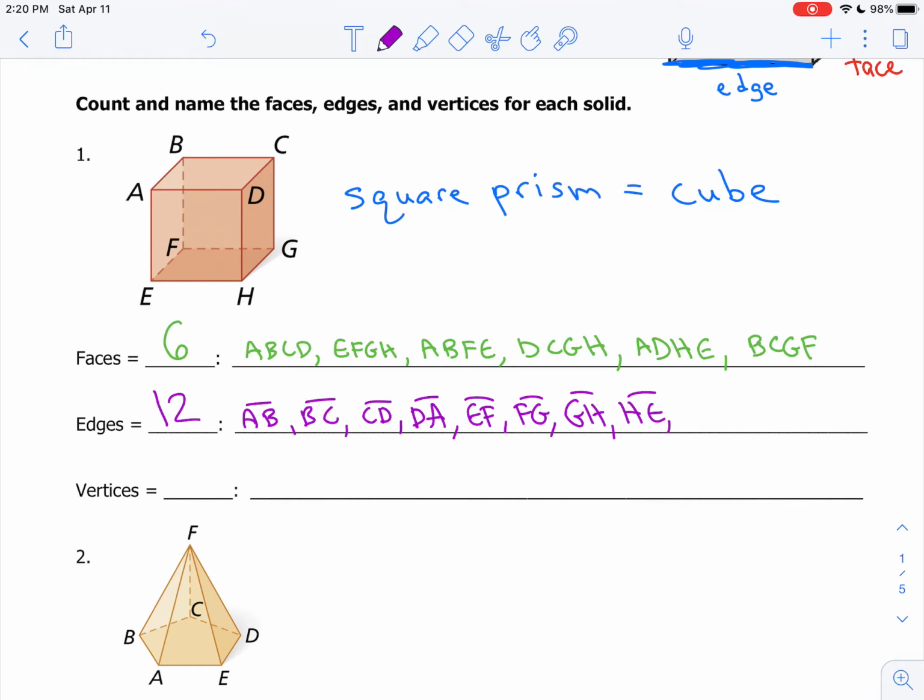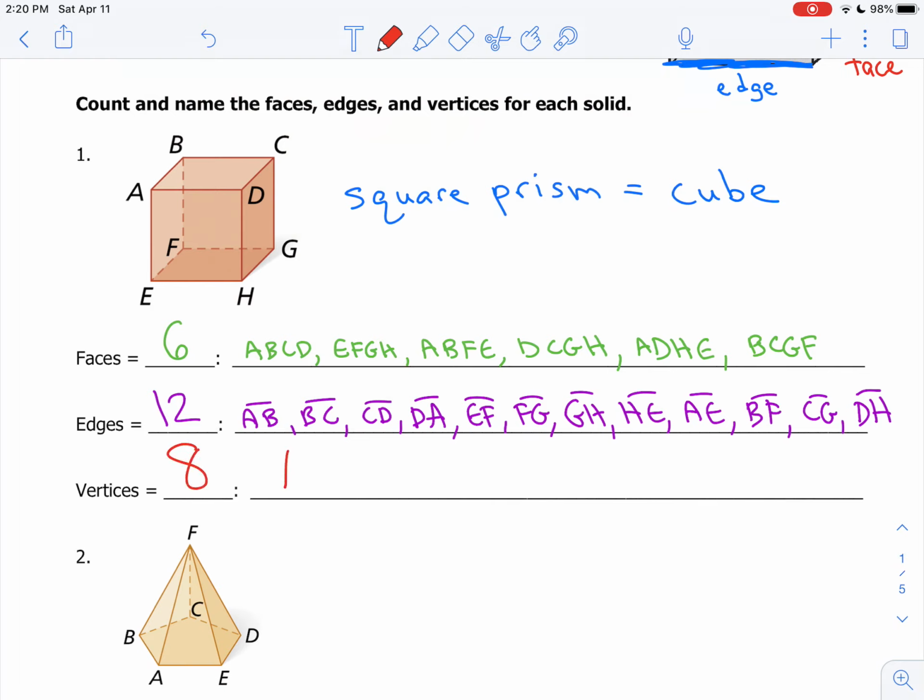Let's go to the sides. We got the top, we got the bottom, so now we have AE, we have BF, CG is going down, and DH. Whew. All right, the vertices. We talked earlier, the vertices are points, and so those are just the single letters.